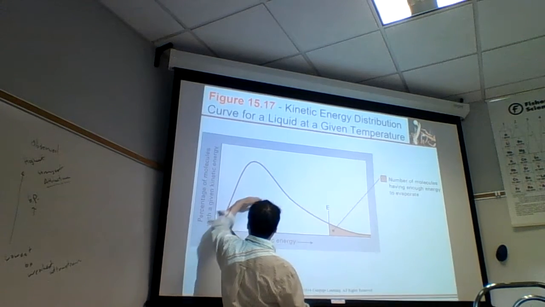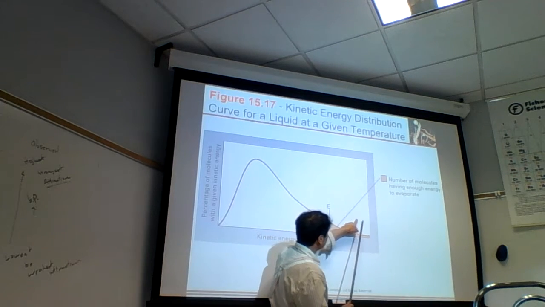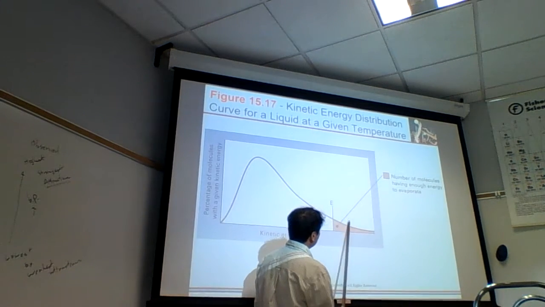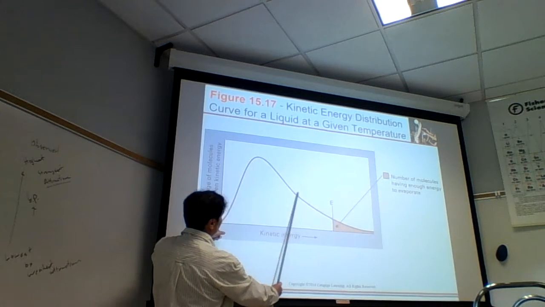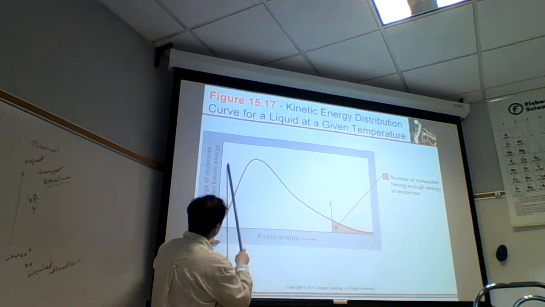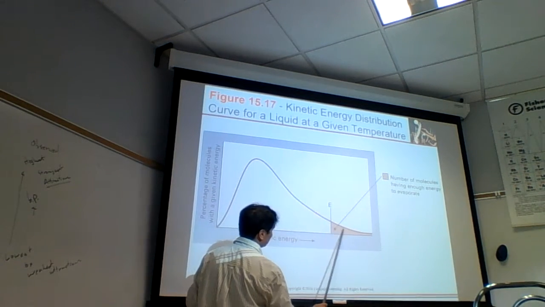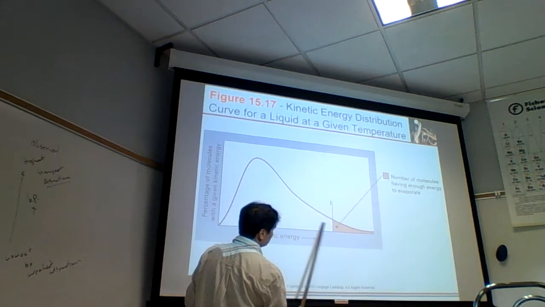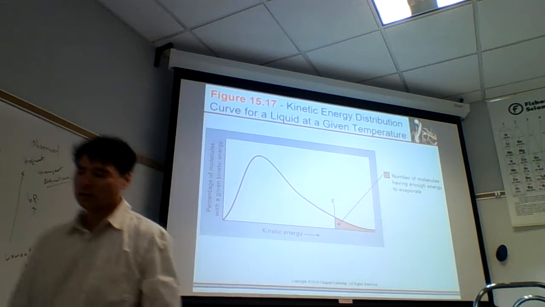So what will happen at higher temperature is we'll get a larger fraction of molecules that can evaporate off the surface. At lower temperatures, this whole curve shifts left. And so at lower temperatures, this grows here, and then this higher end shrinks down, so we'll have a smaller fraction. And so temperature is going to change the fraction of molecules that can evaporate.